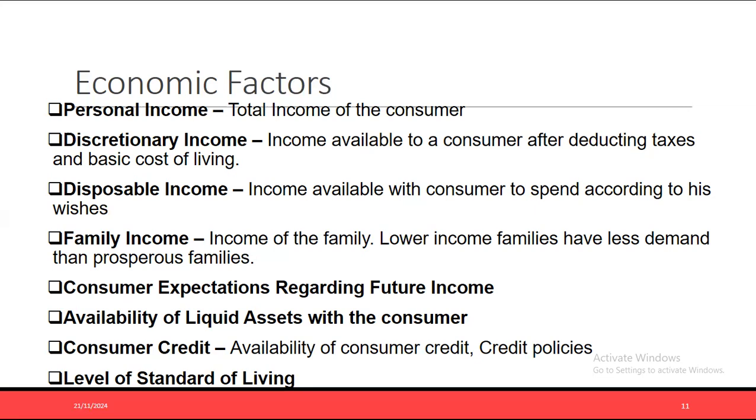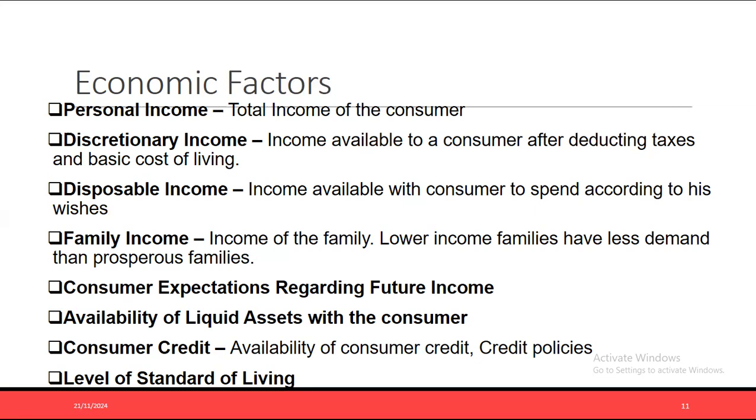Then you also have the family income. You notice that if the responsibilities of the consumer are high, and so the family is spending more on important things, then what it means is that they are not likely to make purchases if what they have for surplus is not enough.